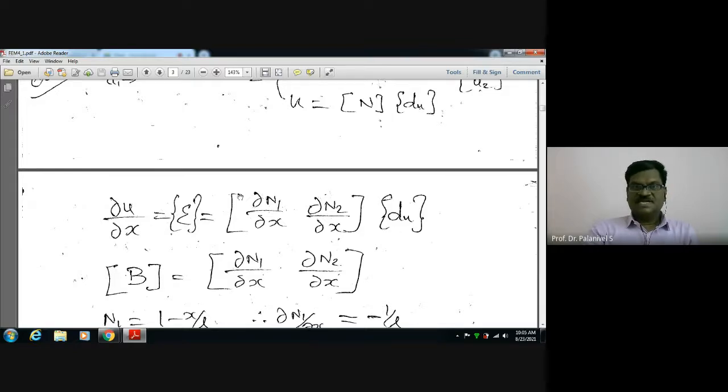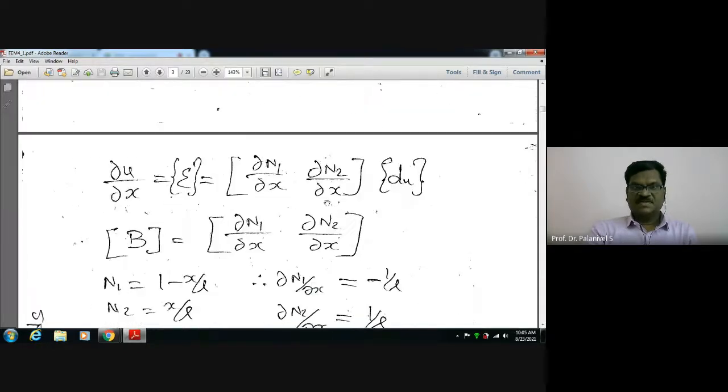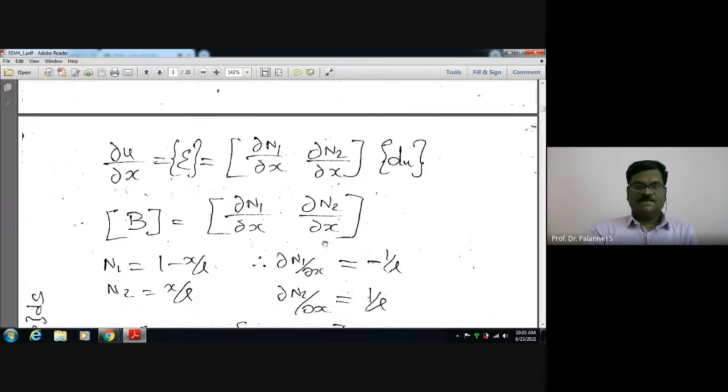The matrix which relates the strain within the element and the nodal degrees of freedom, the displacements of the nodes, is called the strain displacement matrix. That is B equals the strain displacement matrix: B equals ∂N1/∂x, ∂N2/∂x. The derivatives of the shape functions are called the strain displacement matrix.